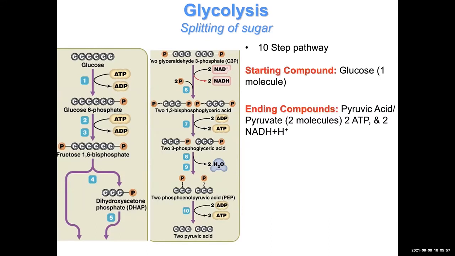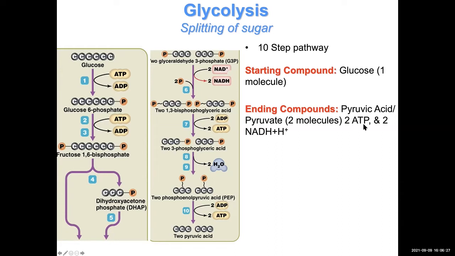Our starting compound is 1 molecule of glucose, and our ending compounds are 2 molecules of pyruvic acid. Why 2? Because remember that somewhere in this cycle, we split this 3-carbon molecule into 2 3-carbon molecules. All right. And then we also generate ATP.